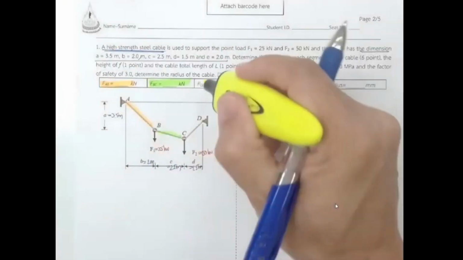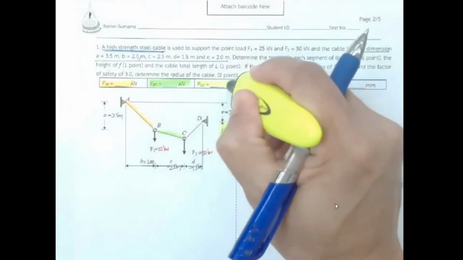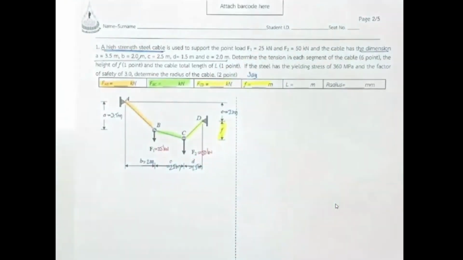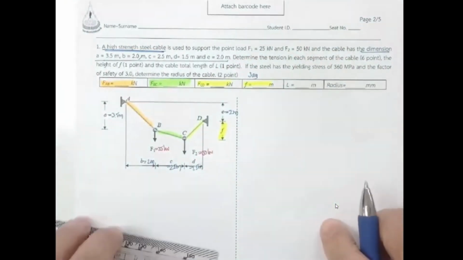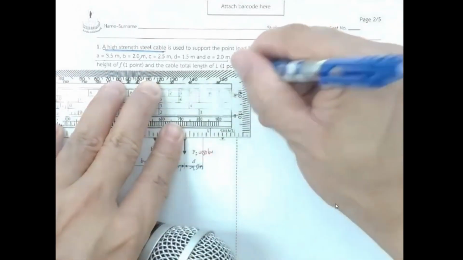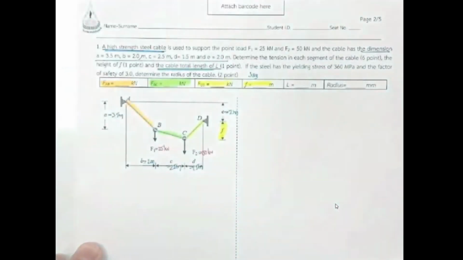That is going to be the unknown. And not only that, they ask us to determine the total length of the cable. It only requires knowledge from your trigonometry.